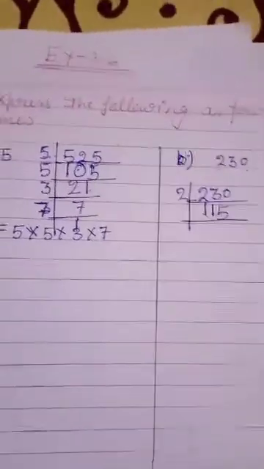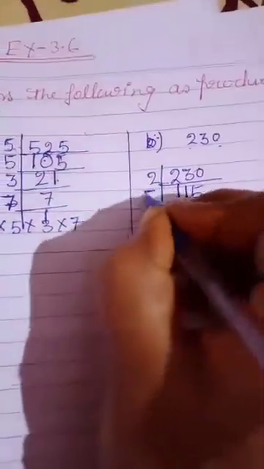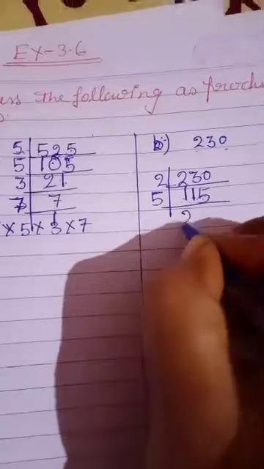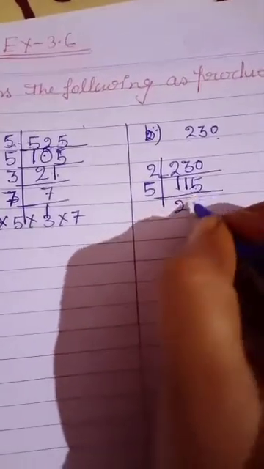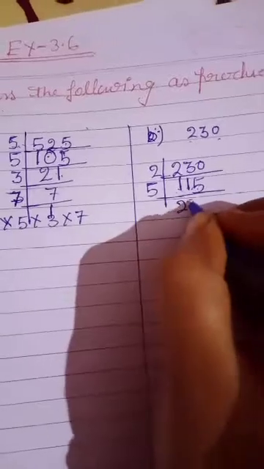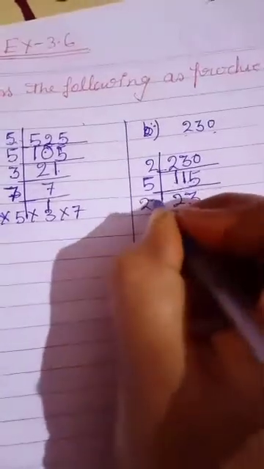It cannot be divisible by 3, it can be divisible by 5. 5 twos are 10, 1 will come as remainder, then you bring down 5, it becomes 15 and 5 threes are 15. Then finally 23, 23 ones are 23.